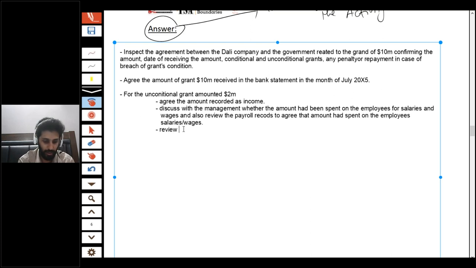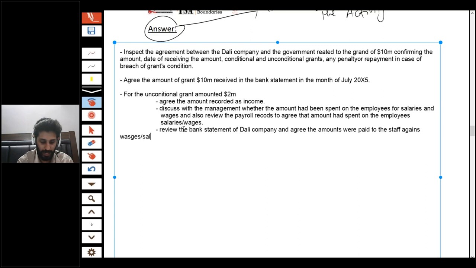Also review the bank statement of Darling Company and agree the amounts were paid to the staff against wages and salaries.